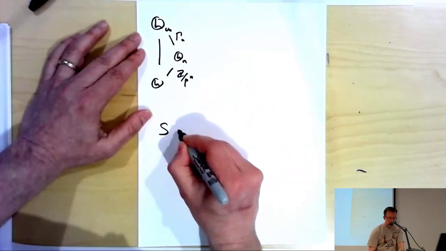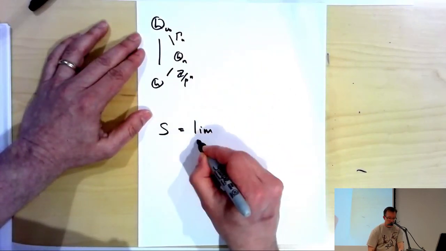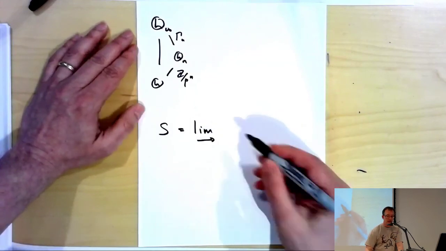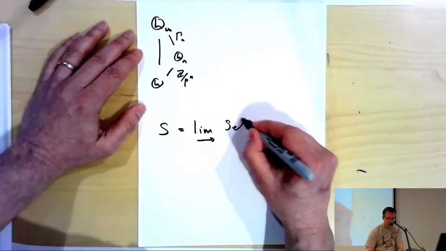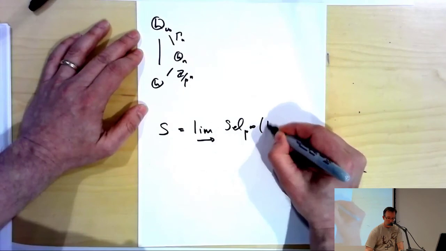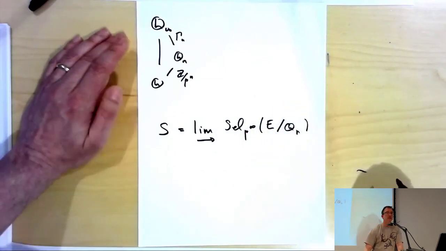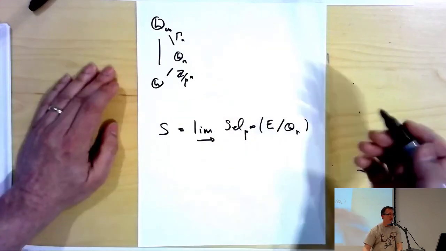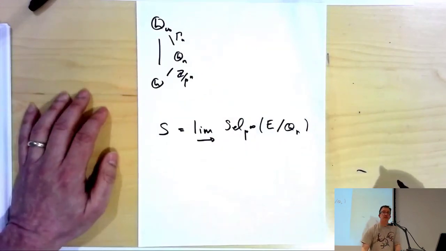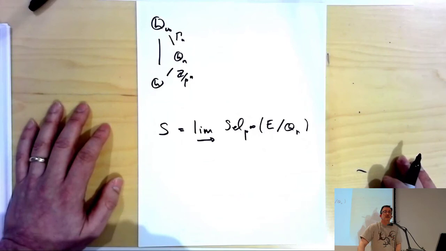And S can also be defined as just the direct limit over the Selmer groups, the usual Selmer groups for E, but now we replace Q by these Q n's. That's maybe how people might have seen this before. Is that what you're asking?